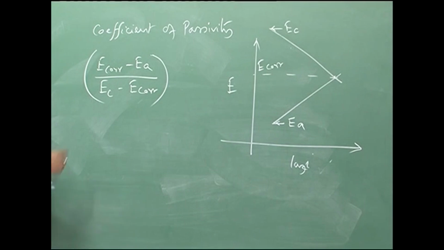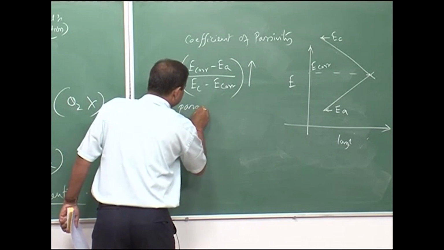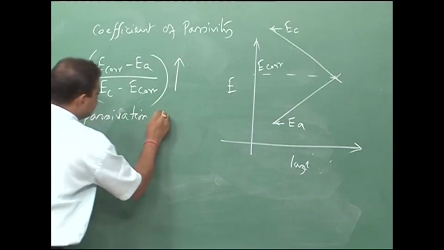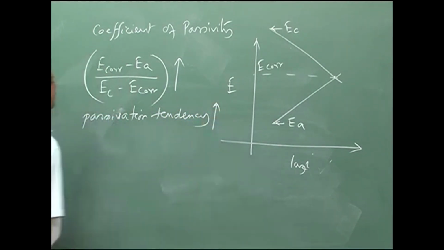The higher this ratio, the higher the tendency for the metal to passivate. So, as this ratio increases, the passivation tendency improves.